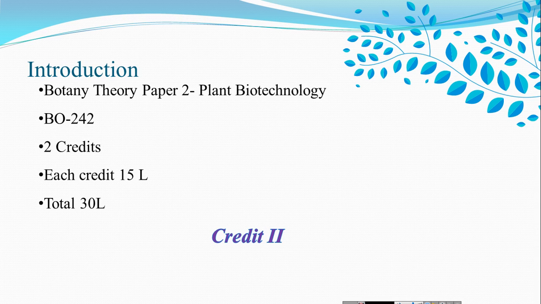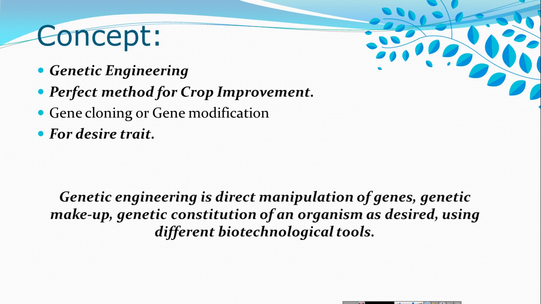So for this semester I am going to deal with credit second, and from this video we are going to start with our credit second, that is plant genetic engineering. Students, plant genetic engineering is a very recent modern concept and that will be useful for crop improvement.